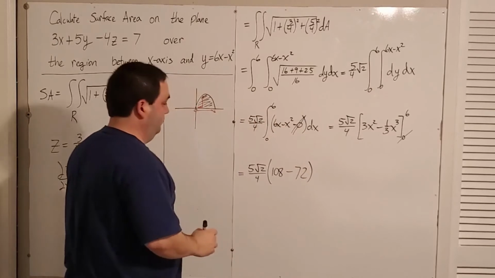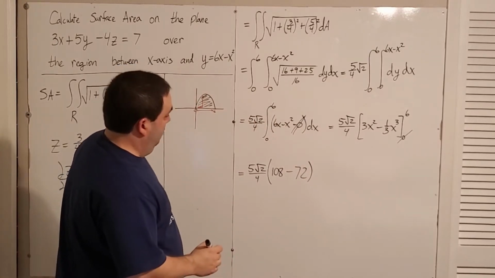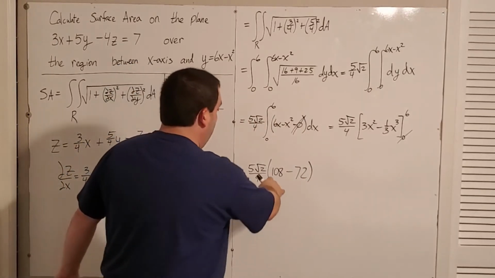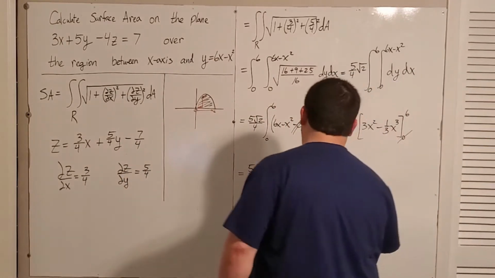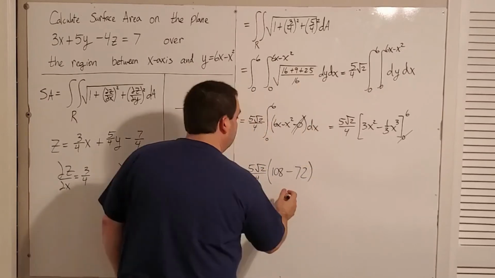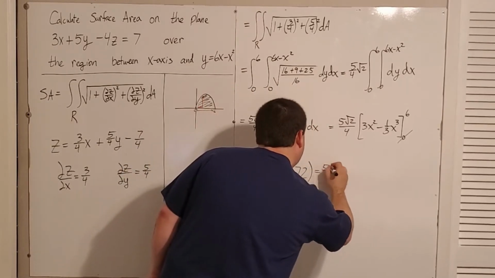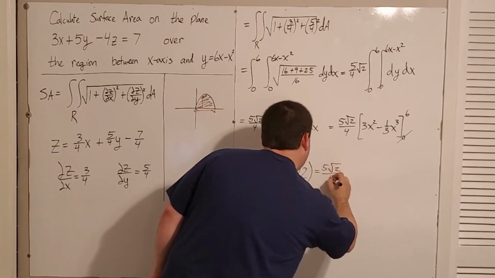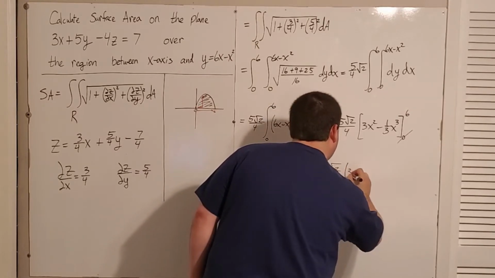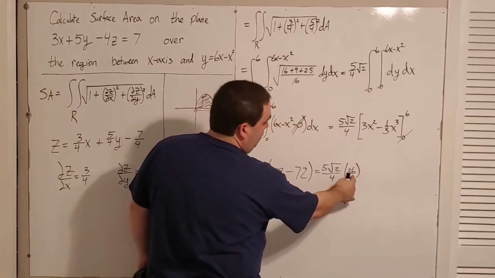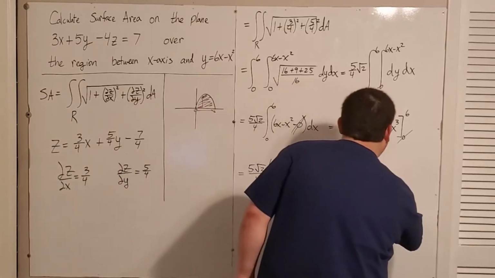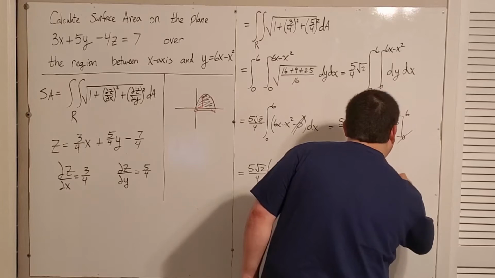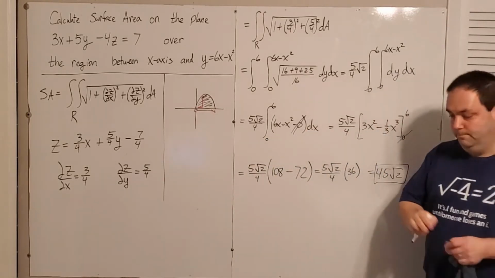Like so. Okay, so then 108 minus 72 gives us 36. But then, of course, 36 divided by 4 is 9. And then 9 times the 5, we get 45 square root of 2. Okay.